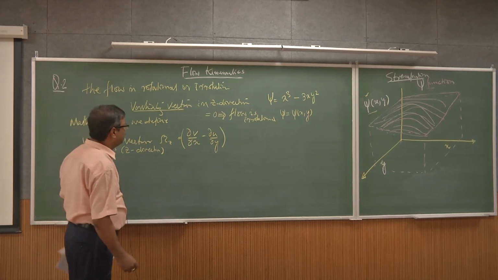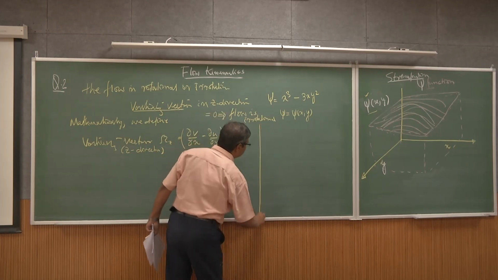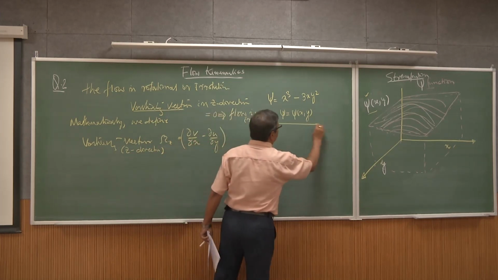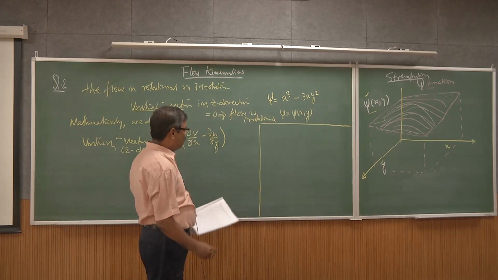Once you know that, we can compute the vorticity. What is the relationship between the stream function and the scalar velocity components?